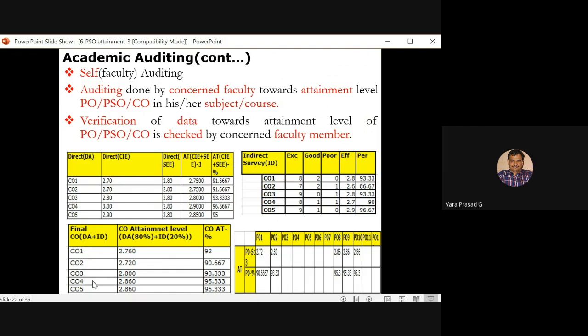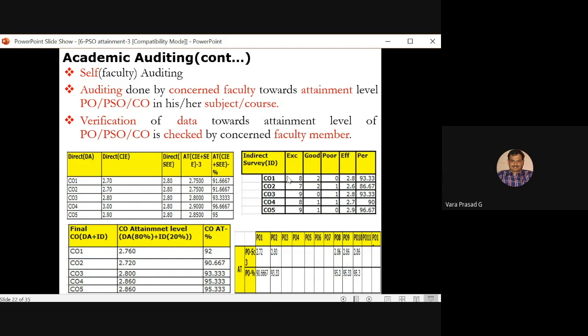At the end of the semester, I have to give the attainment of the COs on the scale of 3. I can also give the attainment as a percentage. Before submitting these details to the department, I have to ensure that whatever value I submit, I cross-verify it. That is called self auditing.